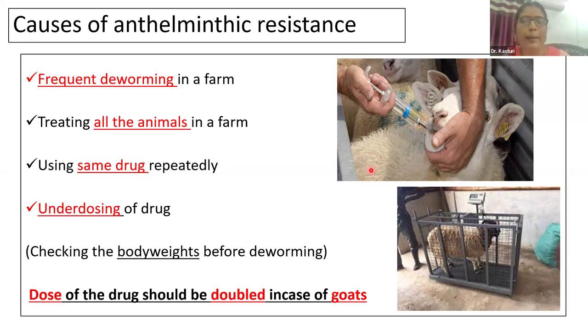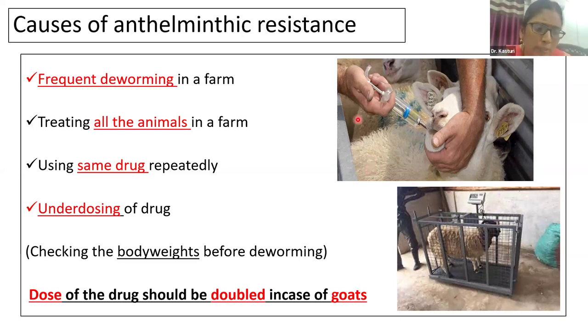If you use the same dose for all the animals in the farm, it will result in underdosing. Certain animals have more body weight, whereas some groups of animals are underweight, but if you give the same dose to all the animals, it may result in underdosing.